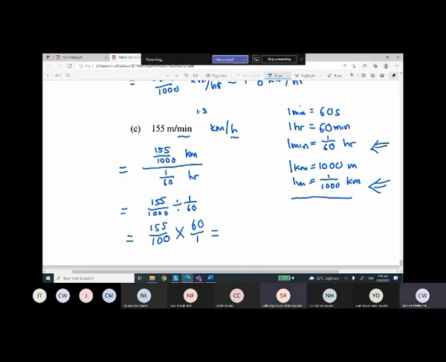Amira, what's the answer? Or Hazima, anyone? 93? 90? Can you check everybody, 93 kilometer per hour? Yes, sir. 93. Okay, I think everybody got this. 9.3 or 93? Can you check? I think 9.3. 155 divided by 1,000, I get it correct. I missed a zero here.